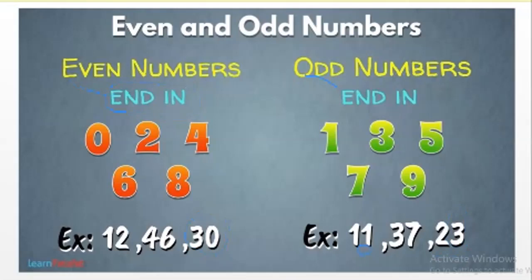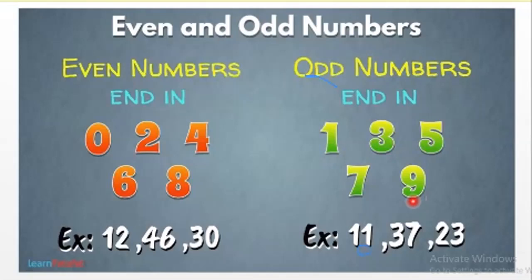Yes, 0, 2, 4, 6, 8. And what are the odd numbers? Can you tell me? 1, 3, 5, 7, 9. Yes, that's the first rule of the even and odd numbers, to just know what the even numbers are and what the odd numbers are.